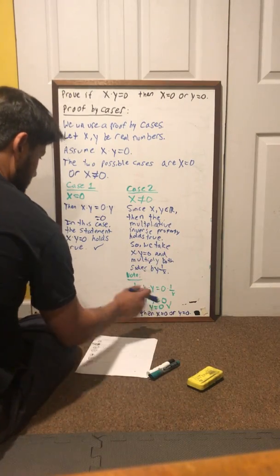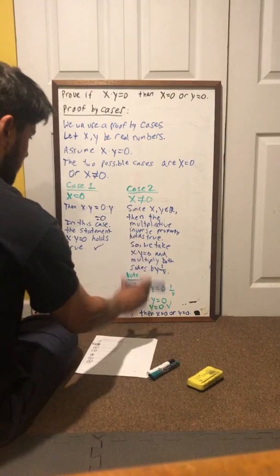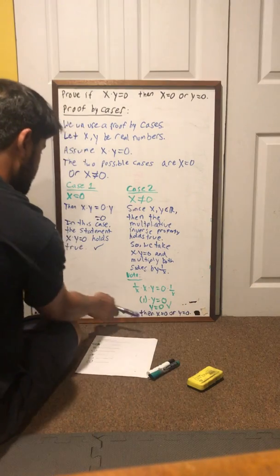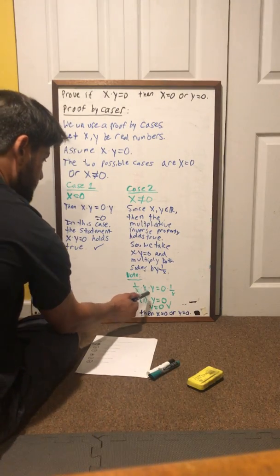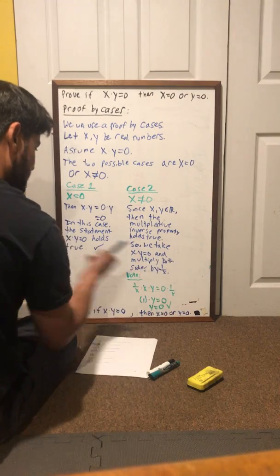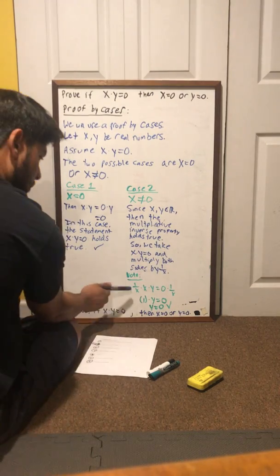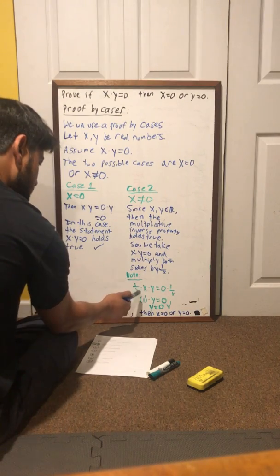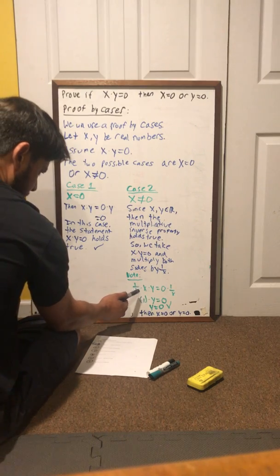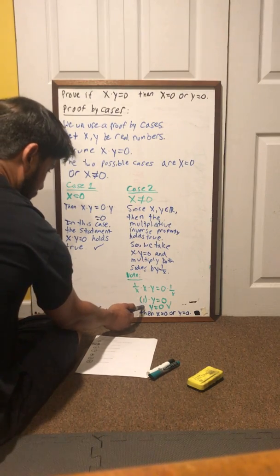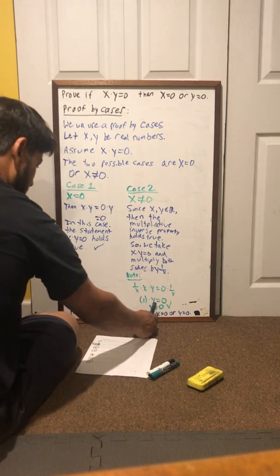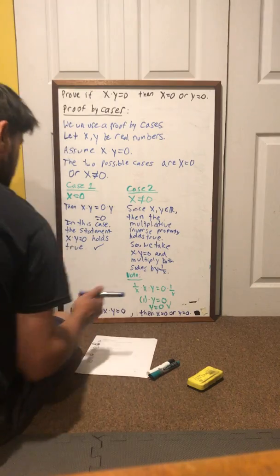The note, the additional needed information for this, is 1 over x times y equals 0 times 1 over x, since we multiply both sides by 1 over x. 1 over x times x, 1 over x is equal to the reciprocal, then this is going to give us 1 times y equals 0, and y times 1 equals 0.